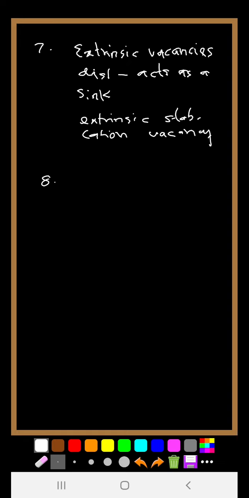The eighth point is that at high temperature there is a thermally produced intrinsic vacancy.